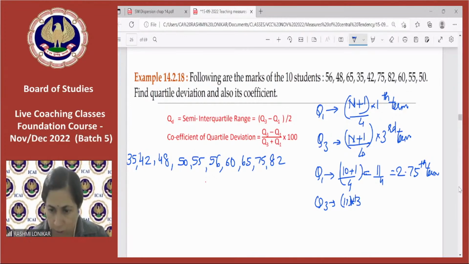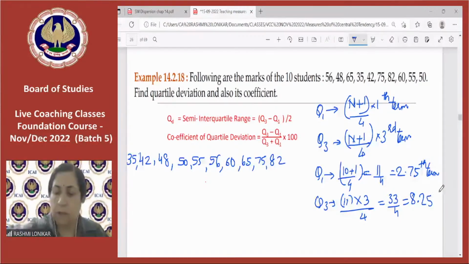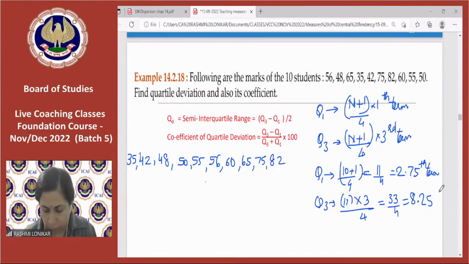It is 11 into 3 upon 4. So that is 33 upon 4, which is equal to 8.25. Okay. 8.25 into 4 is 33. 2.75 into 4 is 11.